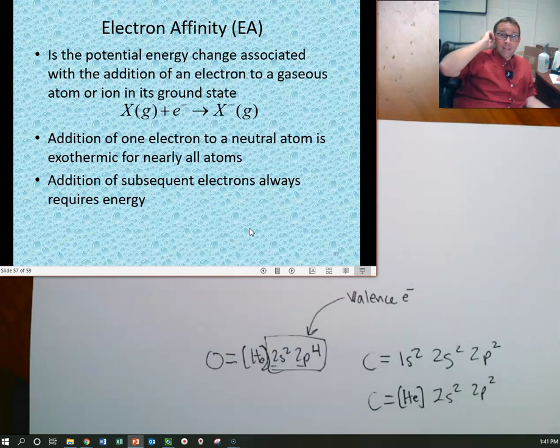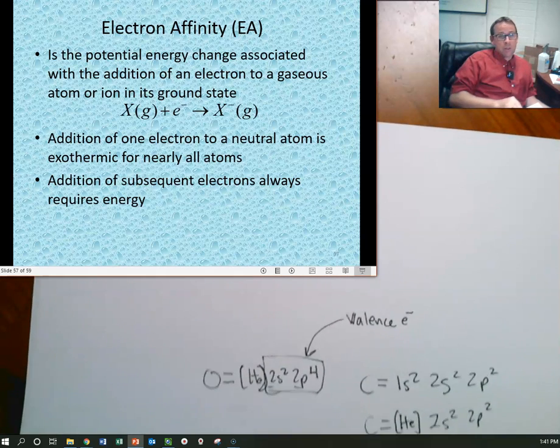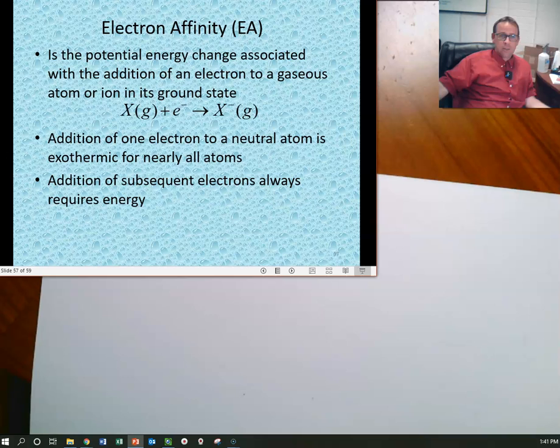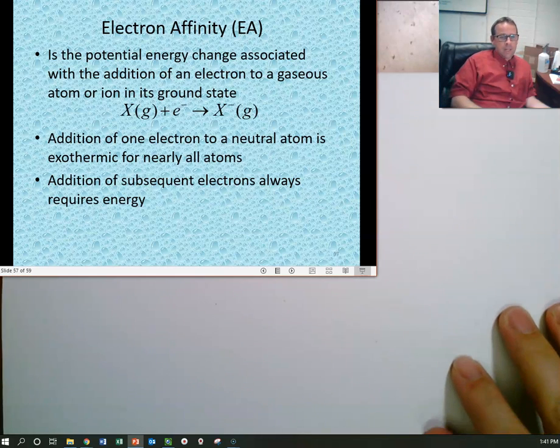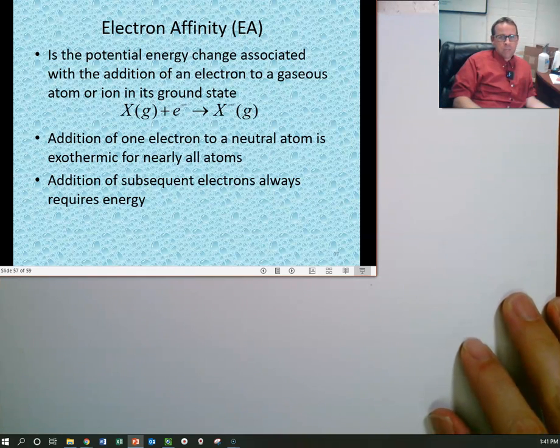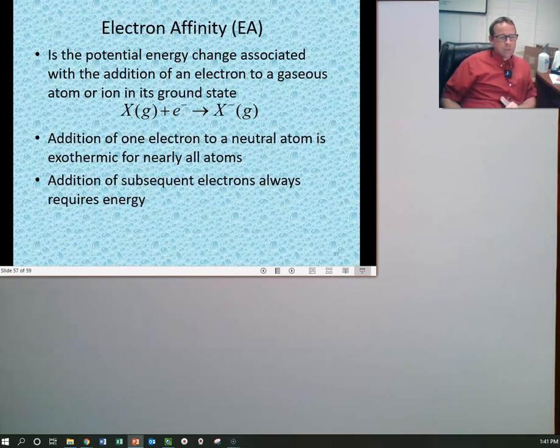The opposite of ionization energy is something we call electron affinity. Electron affinity. And the word affinity might be a new word. I don't know if you guys have heard it used, but an affinity means kind of an attraction or how much desire somebody might have. So somebody would say, I have a strong affinity for chocolate, right?